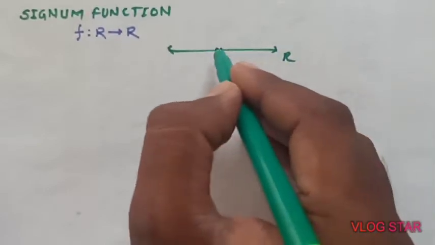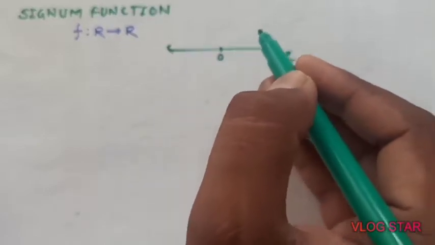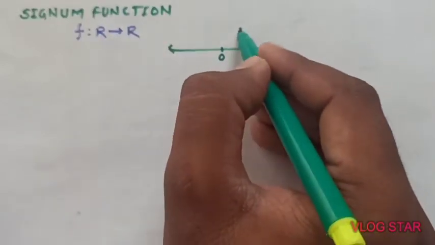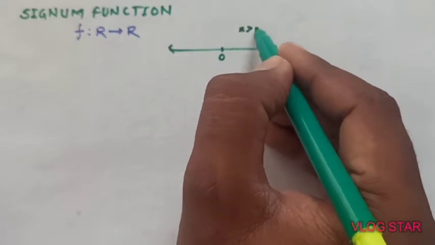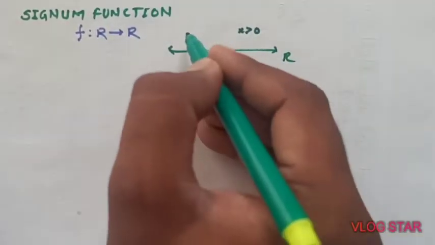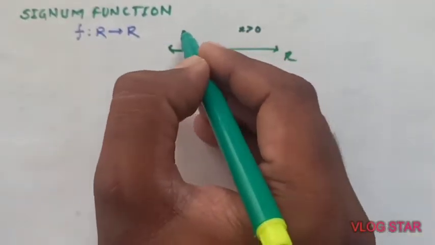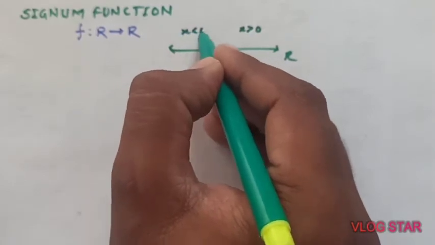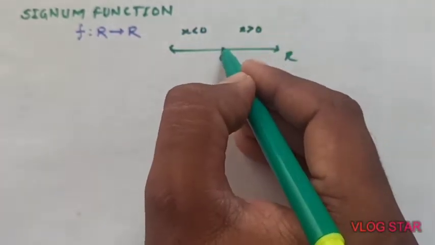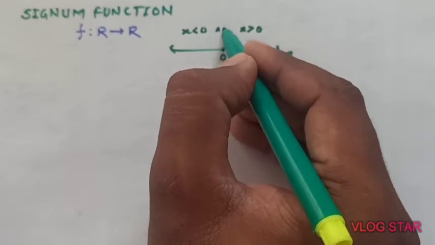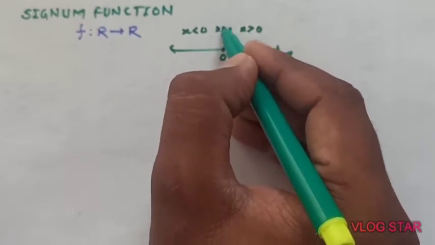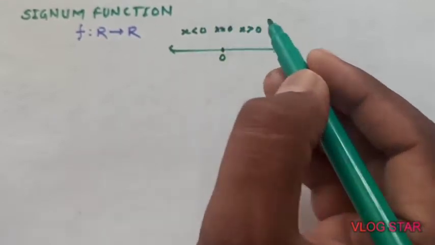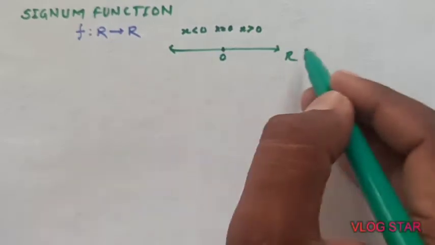How can I represent this right side? 0 onwards, we can say x is strictly greater than 0. What do we call the left side of 0? x is strictly less than 0. And what about exactly 0? x equals 0.